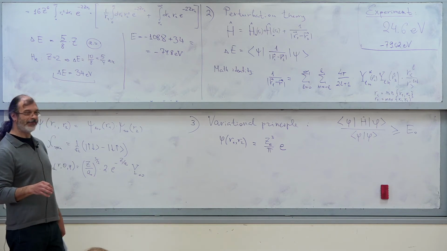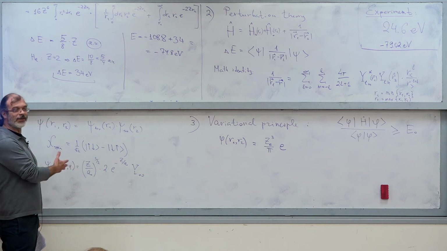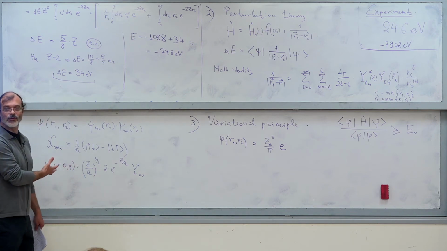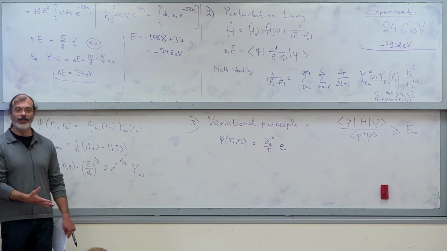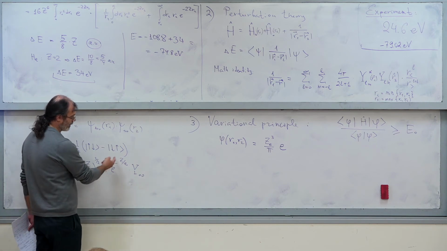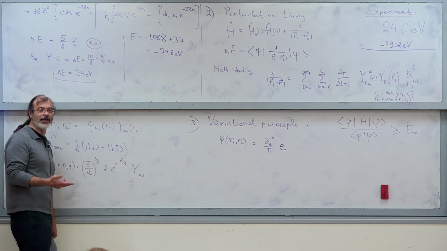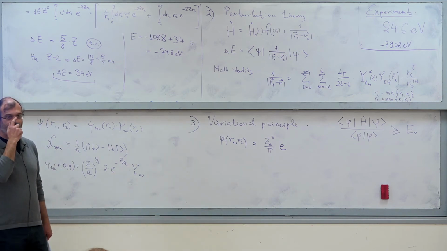It's almost there, because there is not that much to choose. If we want to leave this wave function as it is, we have only one parameter to choose, and this parameter is essentially the ratio Z divided by a0. So now the question is, what do you want to change?